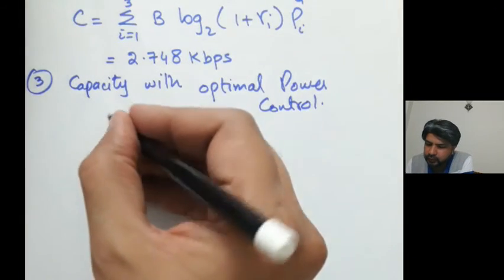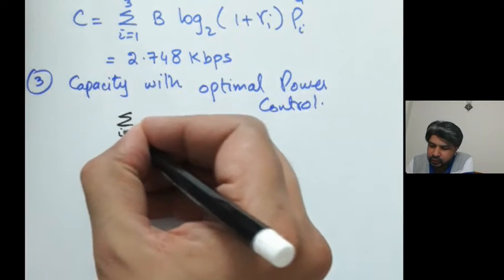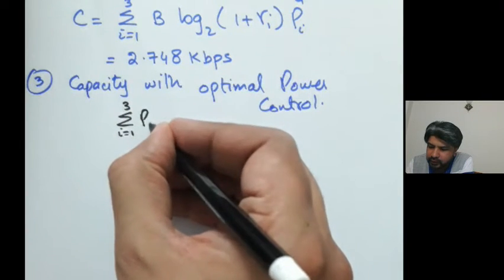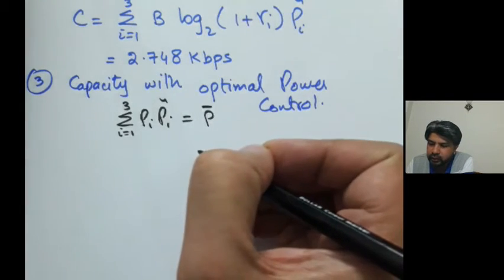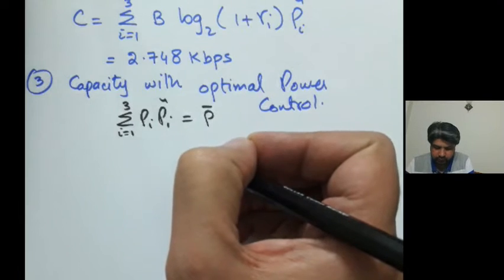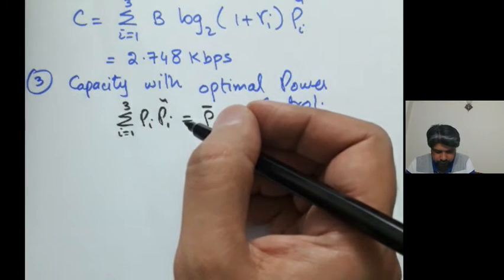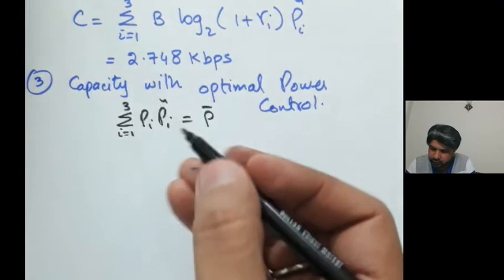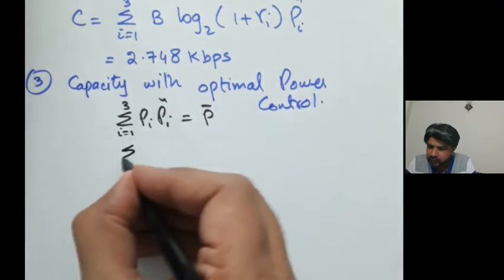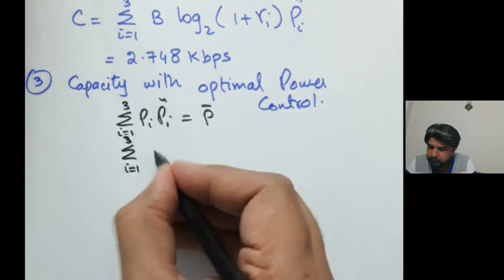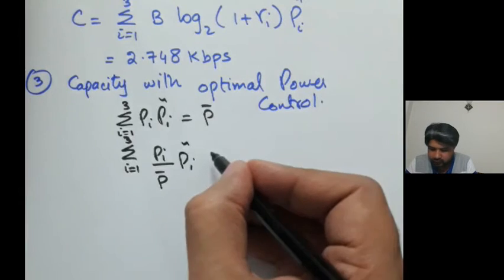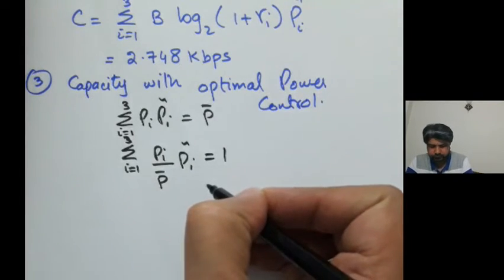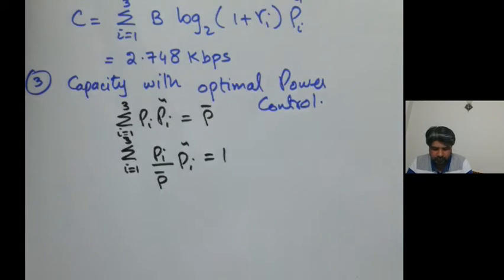We know the power constraint: summation i equals 1 to 3 of Pi times pi tilde is equal to P bar, where Pi is your power control. Or you can write it as summation i equals 1 to 3 of Pi over P bar times pi tilde equals 1, so you have brought this P bar to this side.